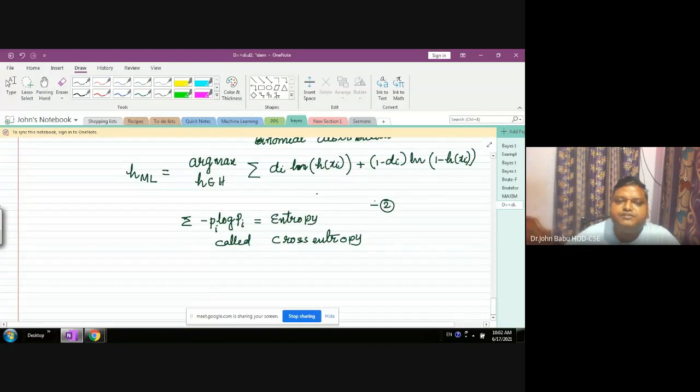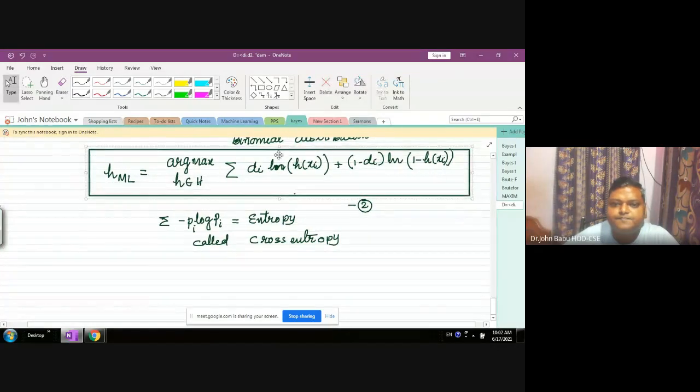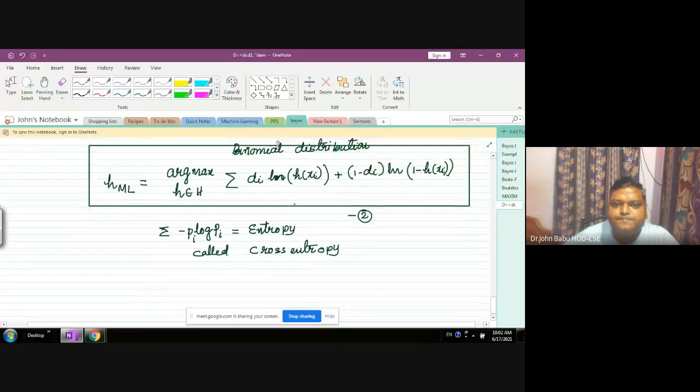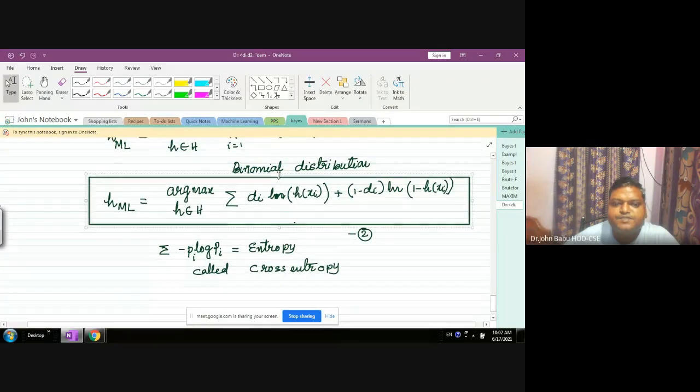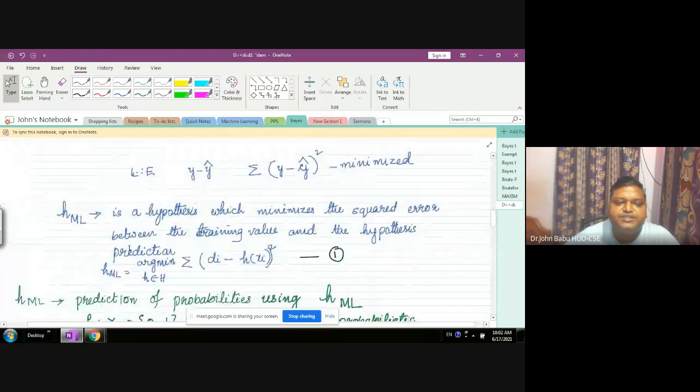So this is the final equation. And this is for a different setting.